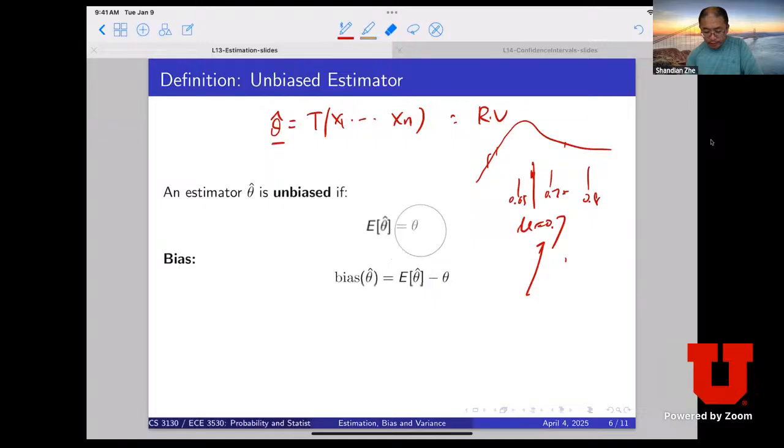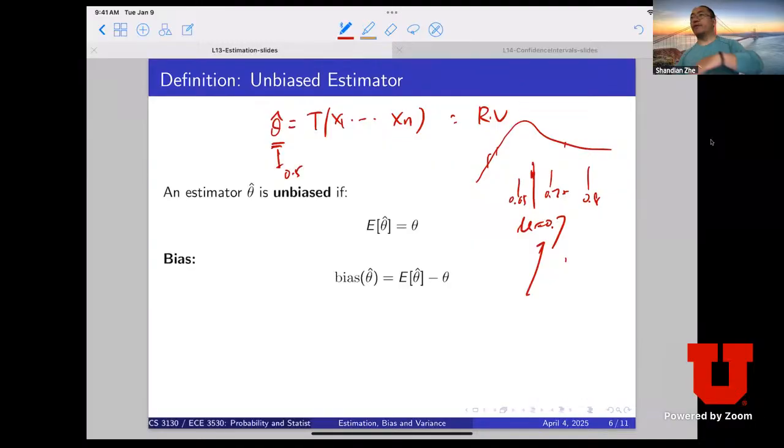And here comes a very important concept, because the estimator itself is just a function of the sample, right? The sample is just a collection of IID random variables. That means the estimator is a random variable as well. It's just a function of multiple random variables. So when you do one round of experiments, you probably get the value of the estimator, say 0.5.